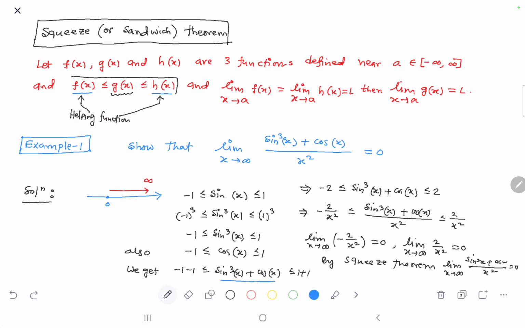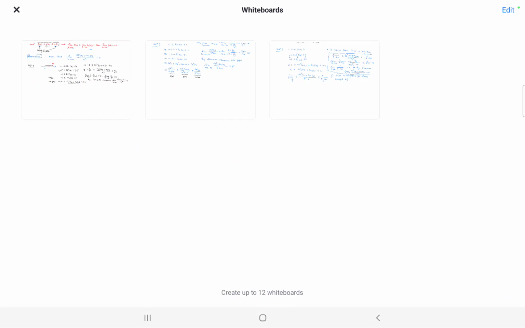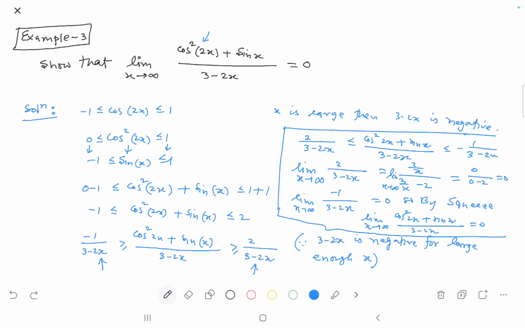In the squeeze theorem, we assume that both the right hand and left hand sides have the same limit. Then you can say the middle part has that limit. Okay? I think it's enough for the squeeze theorem, right? Yeah, that's fine.